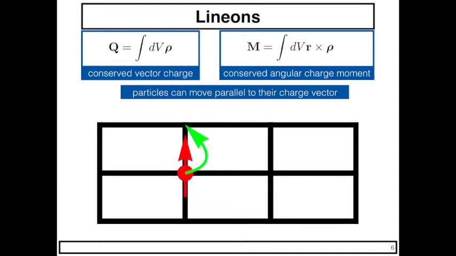With these conservation laws, it would be possible for a single particle to move, but only in the direction parallel to its charge vector, and not perpendicular to it. Such a particle would be confined to one dimension within the higher dimensional system, and this kind of particle is called a linon. You can also imagine further generalizations and examples like planons being confined to planes, etc.